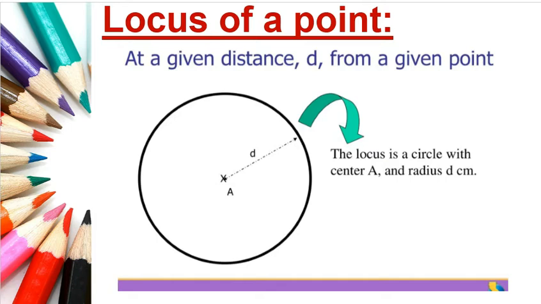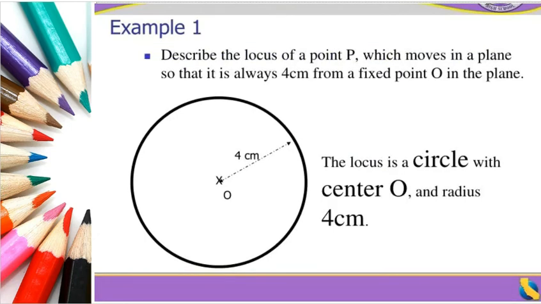For example, describe the locus of a point P which moves in a plane so that it is always 4 cm from a fixed point O in the plane. So it means the locus is a circle with center O and radius 4 cm. So basically what we will do, we will open our compass 4 cm, keep it on point O and draw a circle.